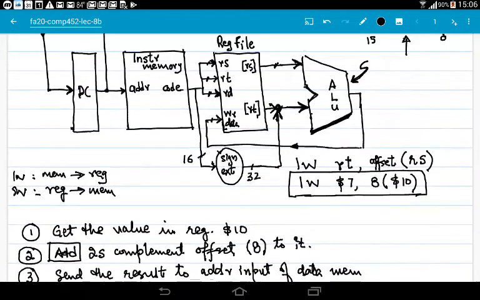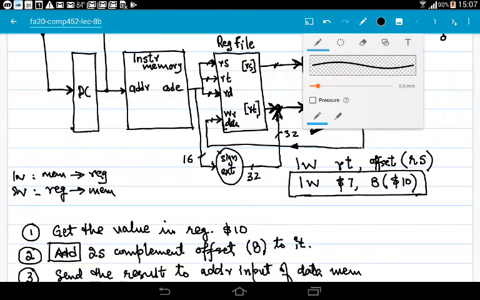Now the other thing that you can immediately see is that there are two values coming together at this point. So we already know that there is going to be a multiplexer here, and this multiplexer is going to be a 2 to 1 multiplexer. Since both values are 32 bits, the value coming from the register is a 32-bit value, so we will have a 32-bit wide 2 to 1 multiplexer.